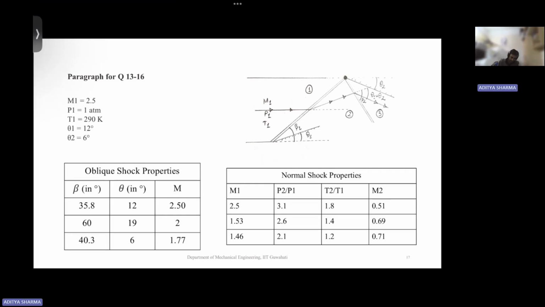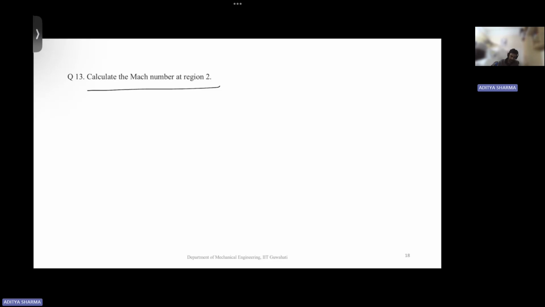So in the tables we have theta beta M relation data, then normal shock properties. Calculate the Mach number at region 2.